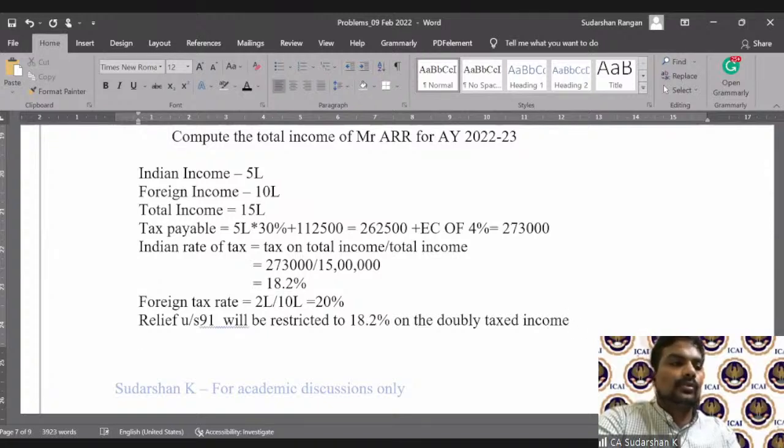So therefore, relief under section 91 will be 18.2% of 10 lakhs, which works out to 1,82,000.